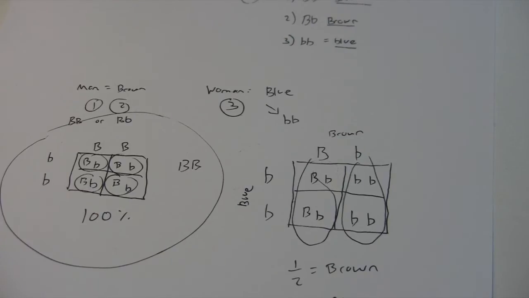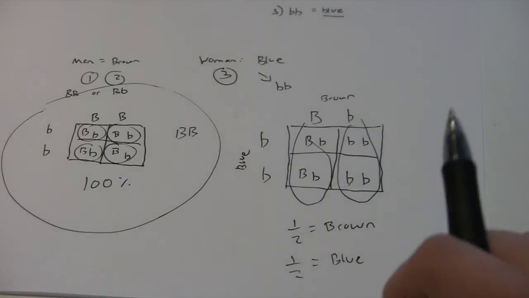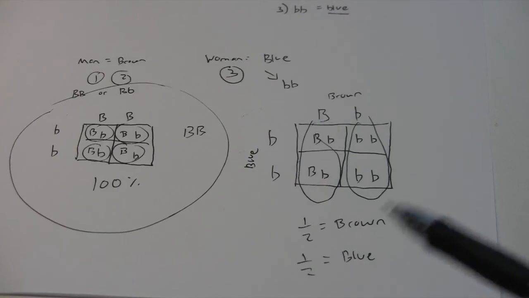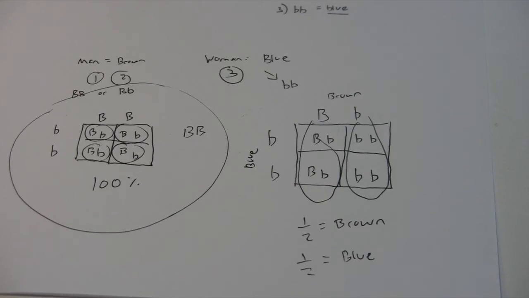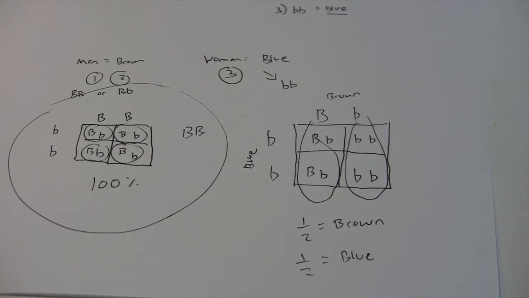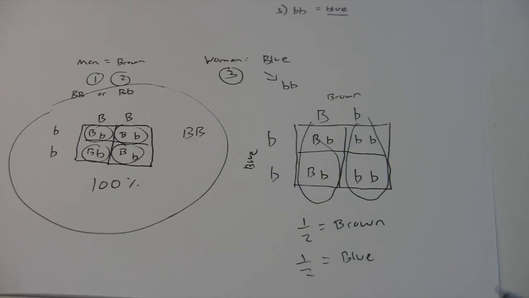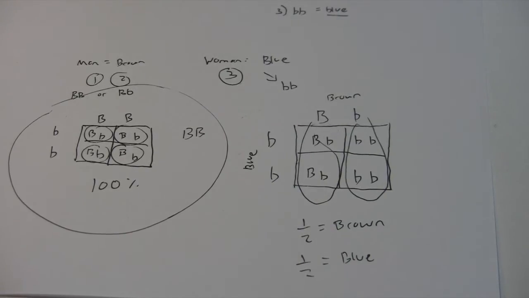Instead, we tried the heterozygous solution for the father's genotype, and we found that in that instance half of all offspring are brown-eyed and half are blue-eyed. So this is the solution to the problem, in that it fits the parameters. It produces children where it's possible to have both brown-eyed and blue-eyed children.